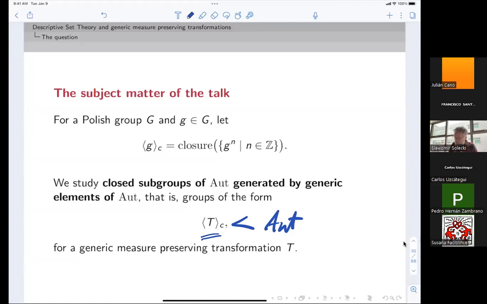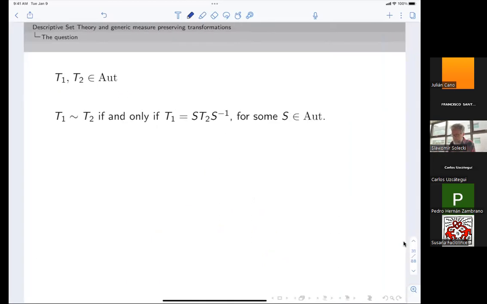So again, genericity, meager, comeager, is on the level of the group. These are the groups whose properties I will be looking into, and I will be only interested in properties of those groups that hold for comeagerly many T's coming from Aut. So that's the point.